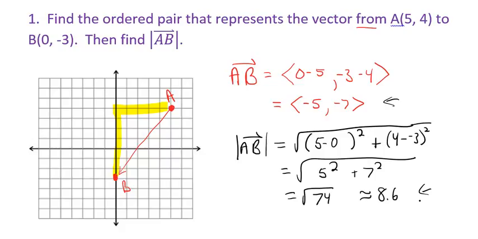Now, before I go on, I do want to point out that in the future, we may already have the vector, not necessarily 2 points. They may give us this vector, and the magnitude of that vector, if they don't give you 2 points, is still the distance formula. Except think about it: we subtracted x's to get this, and we subtracted y's to get this.